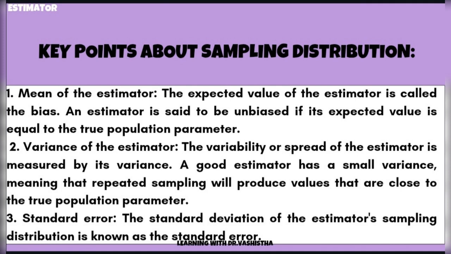And the further key point says that the standard error, which is the standard deviation of the estimator's sampling distribution, should be smaller and smaller. The larger the standard error, the greater the discrepancy between the estimation and the true parameters.